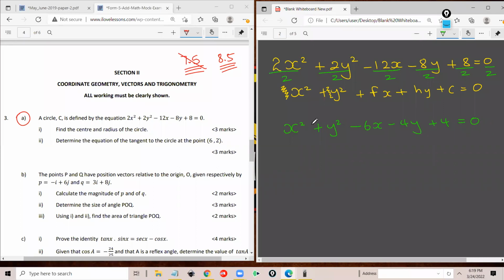Then you start the question. This is the official starting point of the question. You can only use the formulas in the textbook if over here is squeaky clean and if over here is squeaky clean. Right, so start off with part 1 there, find the center and radius of the circle.